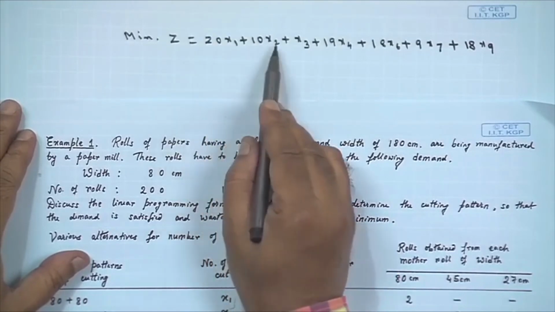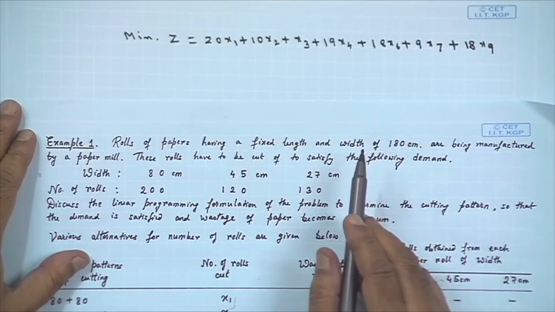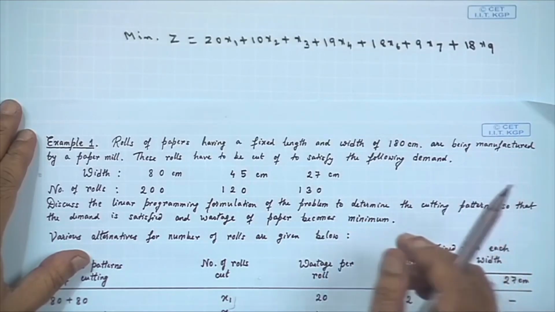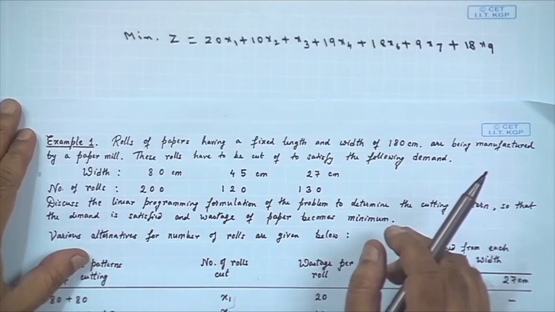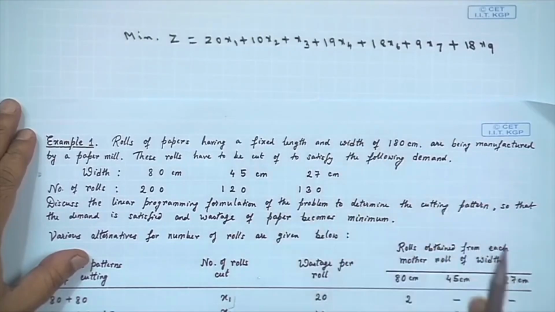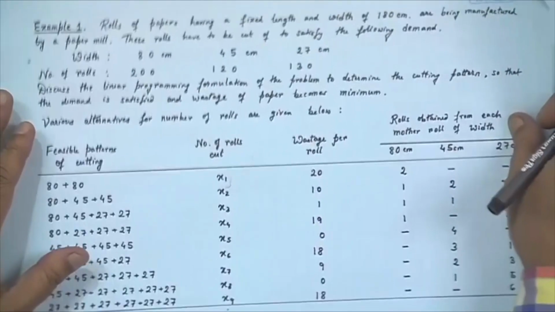I am just finding the total wastage whenever we prepare the number of rolls, because in the first row, as you have seen, the number of rolls we produced was x1 and the wastage per roll was 20. So, I made 20 into x1 plus the next one was 10 into x2, and like this way it was going on. What is the next criterion of the problem?